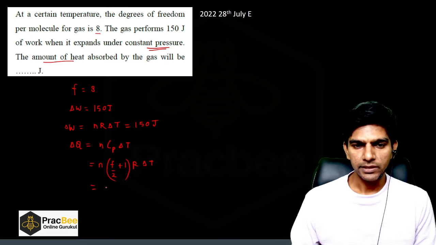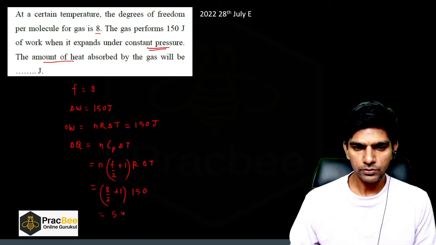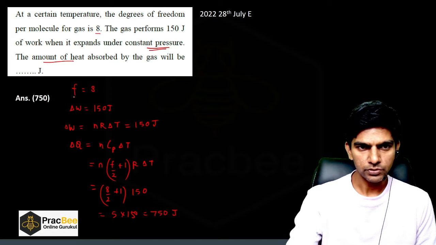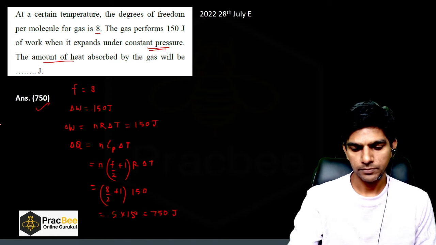So F is given as 8, so 8 by 2 plus 1, and nR delta T is 150. So this will be 5 into 150, which comes out to be 750 joules. So that is the heat absorbed by the gas in this process. So 750 is the answer.